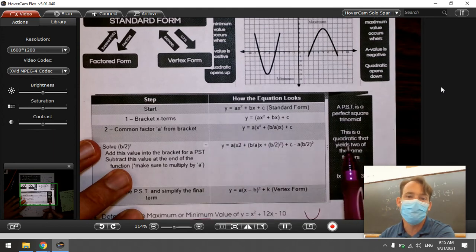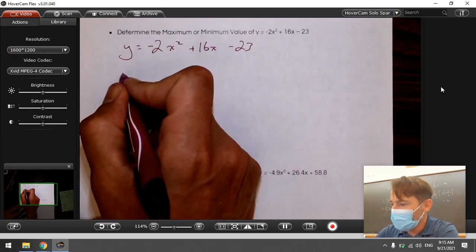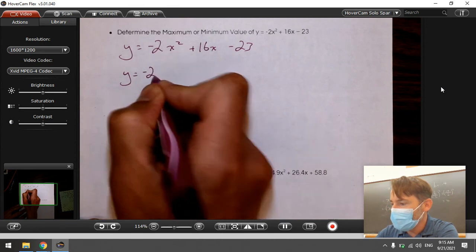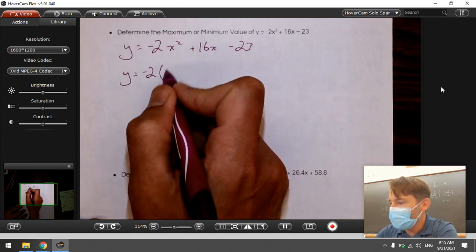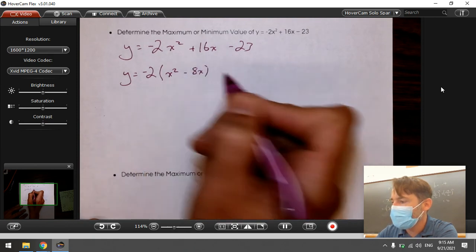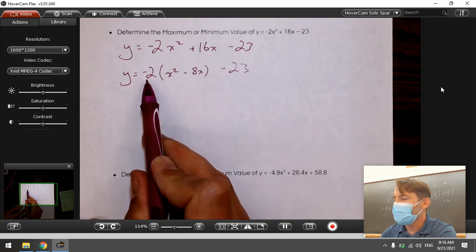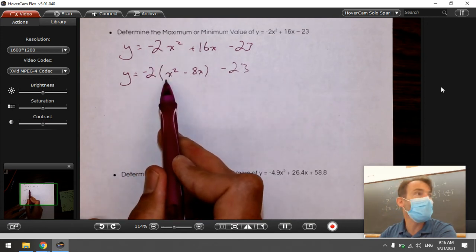We had an a of 1. So now I just go ahead and factor that out. y is equal to negative 2 multiplied by x squared minus 8x, minus 23. Just rewrite this with the a factored out.